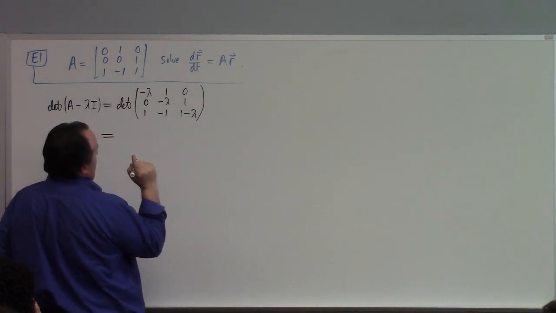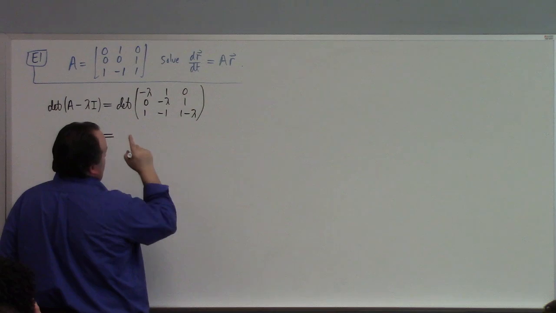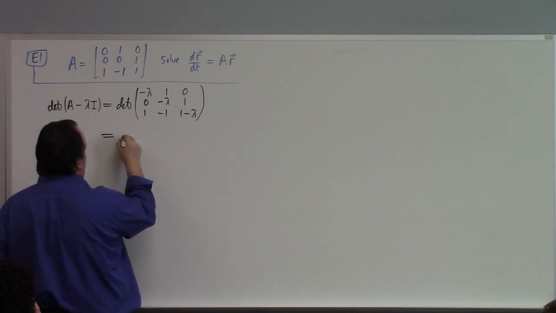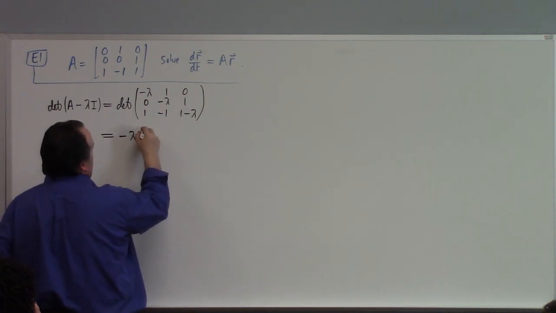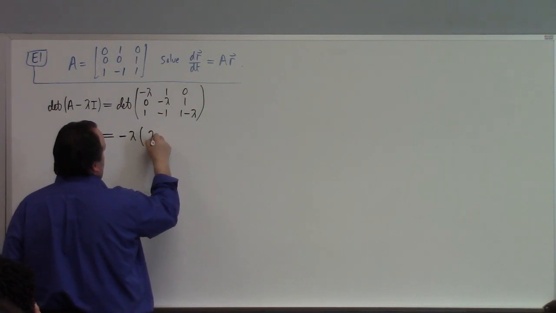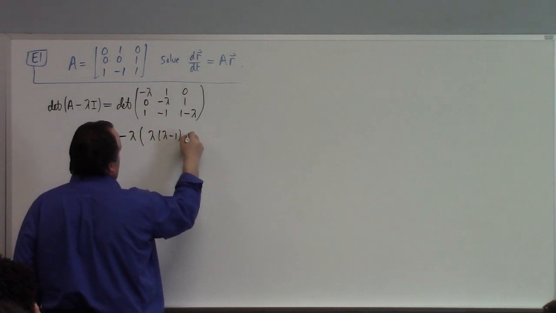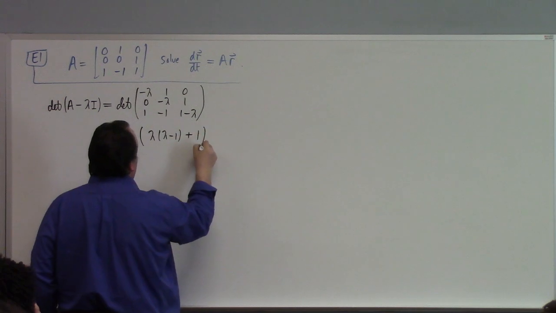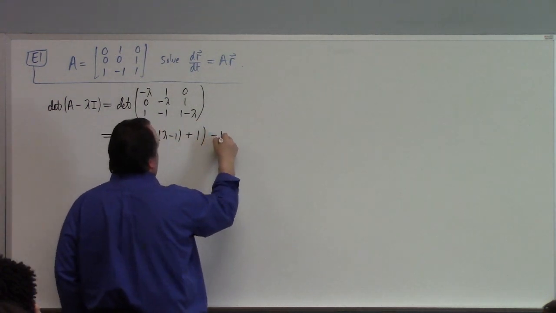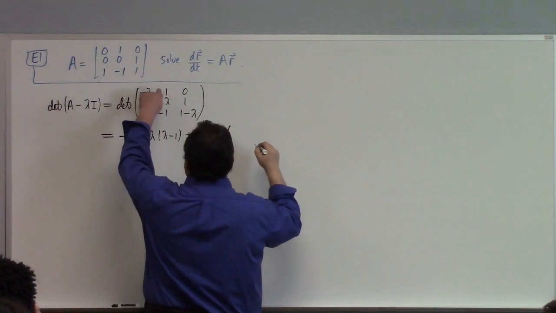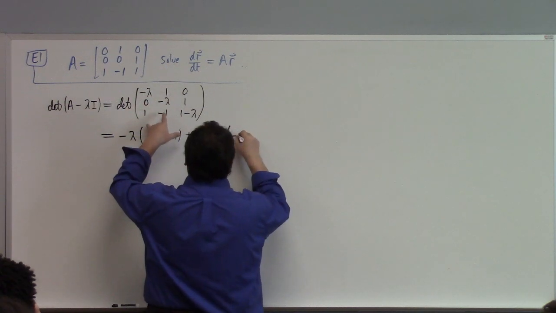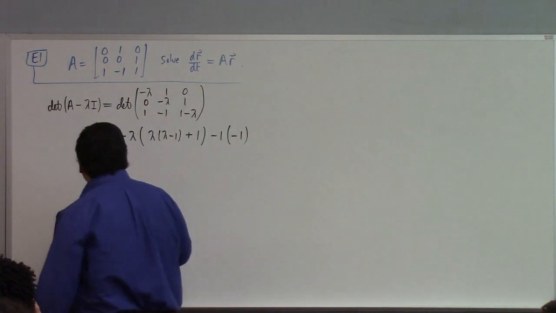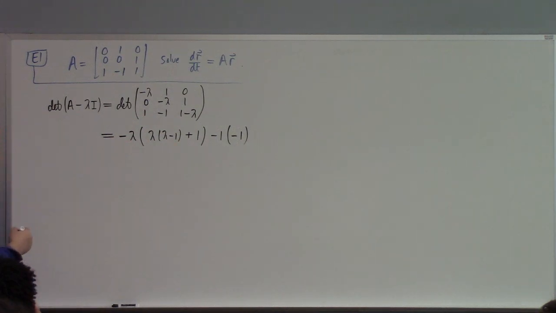All right, so I guess I'll just expand across the top row for lack of imagination. Minus lambda times, I've got lambda times lambda minus 1 plus 1. Minus 1 times minus 1. Let's see here.